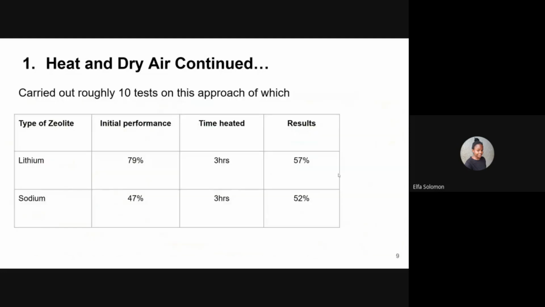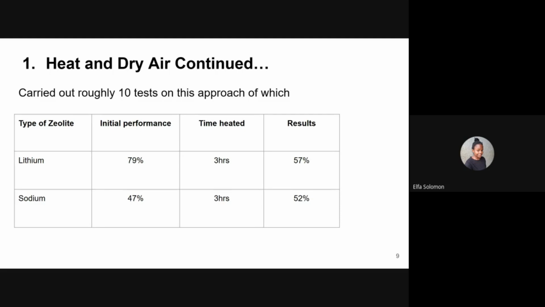In this approach, we carried out roughly 10 tests, in which we regenerated zeolite of different types, either lithium based or sodium based.